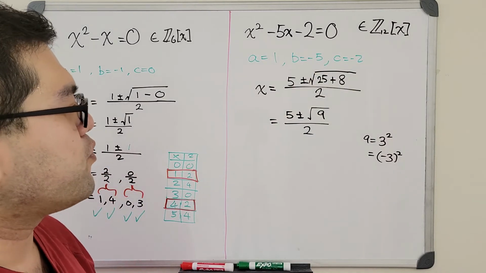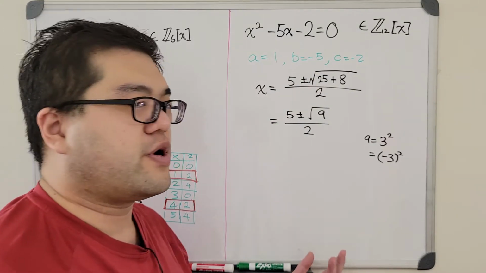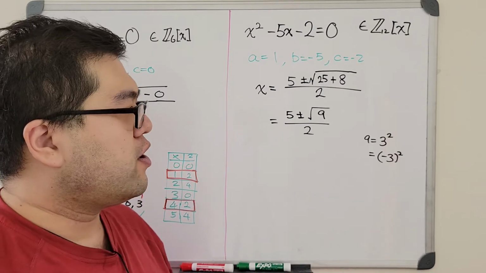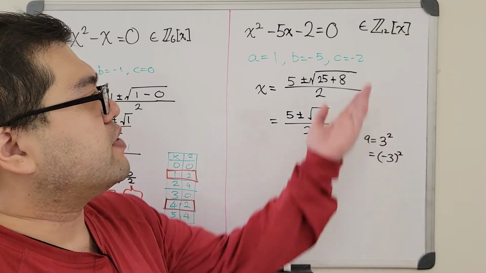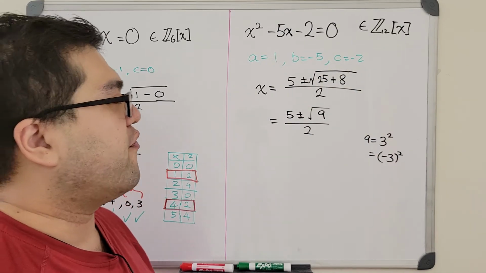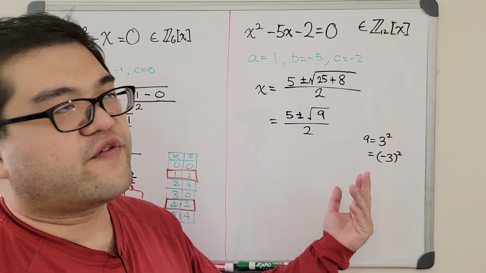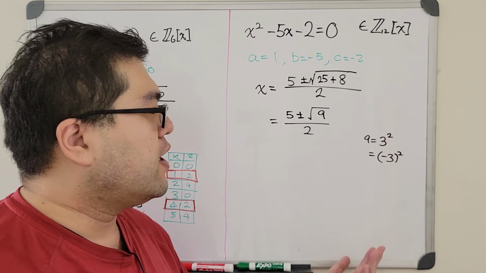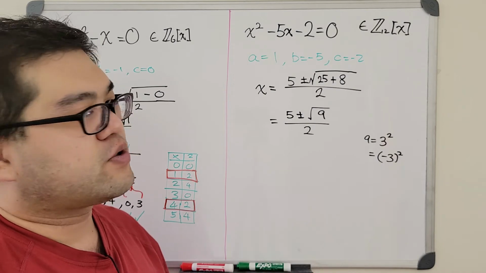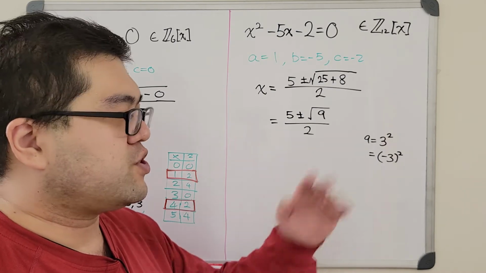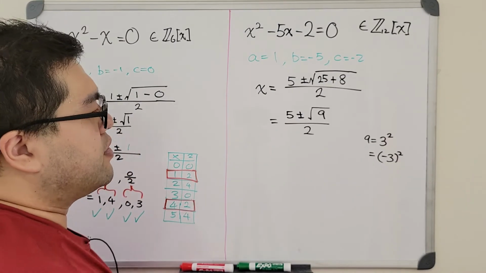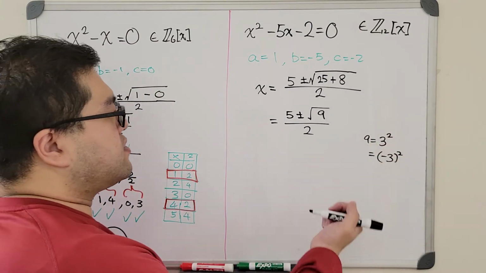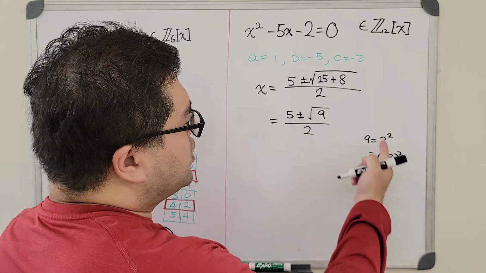Actually, no. We can see that 0 squared is 0, 1 squared is 1, 2 squared is 4, and then 4 squared is 16, but we'll actually reduce it to 4. 5 squared is 25, but again, if we reduce it, it will just be 1. And then after that, the rest can be rewritten as the negative version of the first half of it, so there is no possible elements other than these two. So again, which one should we pick?